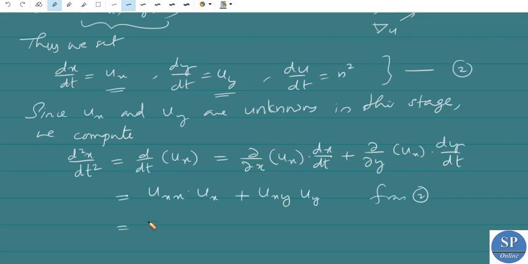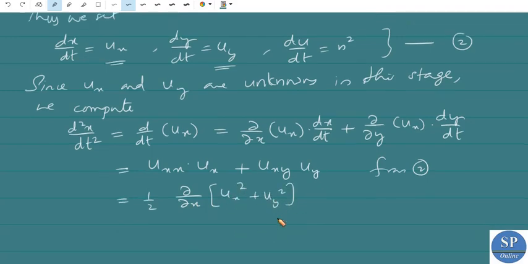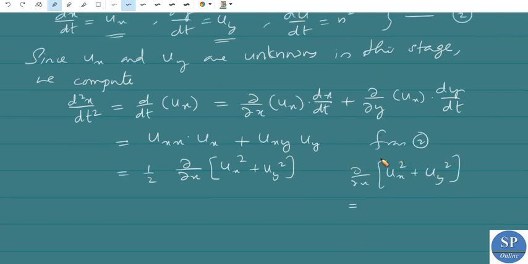Now this is equal to 1/2 into ∂/∂x of (ux² + uy²). How? We can write ∂/∂x of (ux² + uy²) as 2 into, this is the partial derivative with respect to x, so by chain rule this is 2 into ux into uxx, plus 2 into uy into the derivative of uy, that is uxy or uyx.